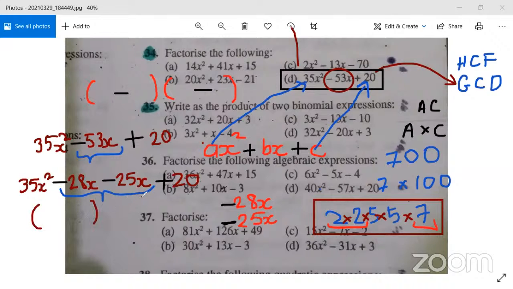We're going to deal with the GCD or the HCF, right? Now, I'm pretty sure we know what it is for 35 and 28. They're multiples of 7. So naturally, you're looking at 7 as a part of your HCF, right?